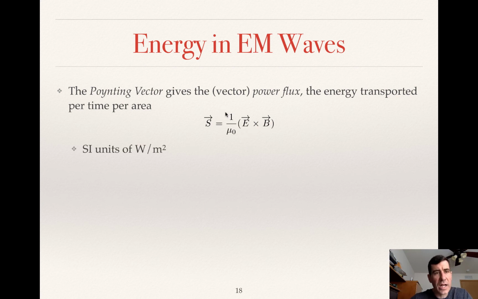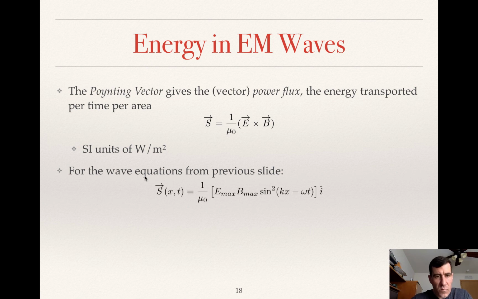So the units, well, it's power per area. So power is in watts, area is in square meters if we're in SI units. And if you remember the last video, we talked about the wave equations, right? So that was the sine of kx minus omega t. So if you plug those in for the electric and magnetic fields, you can work out what the Poynting vector is. So when it changes with position and time, it's a function of x and t, and it's the same 1 over mu naught constant.